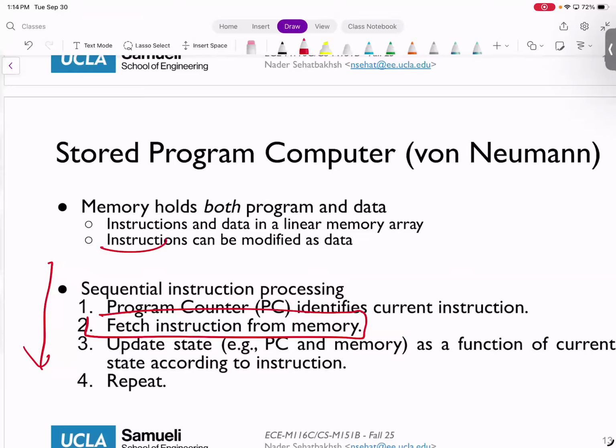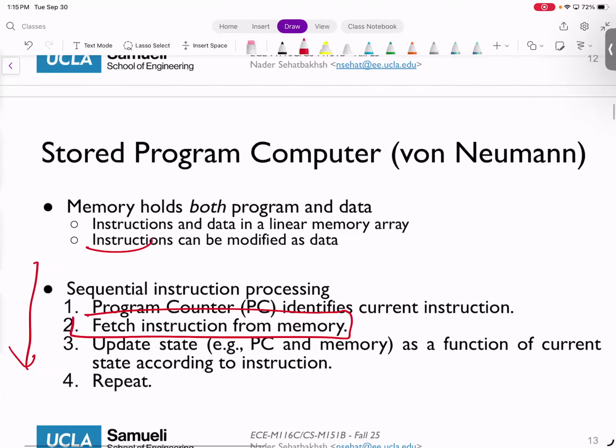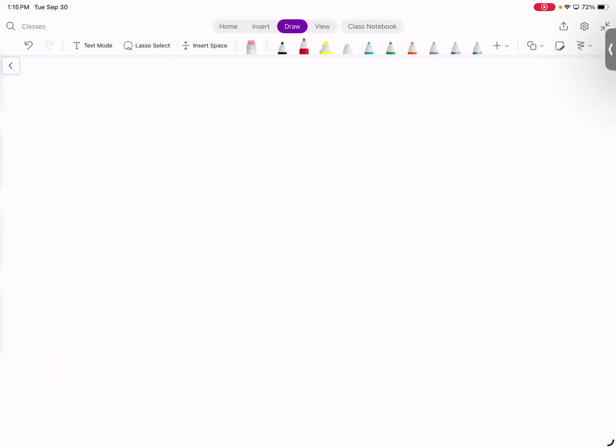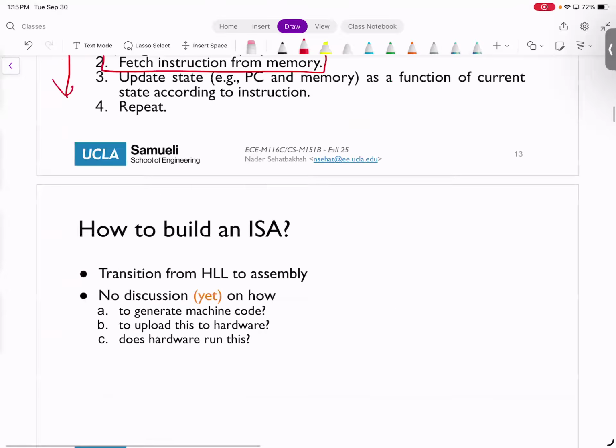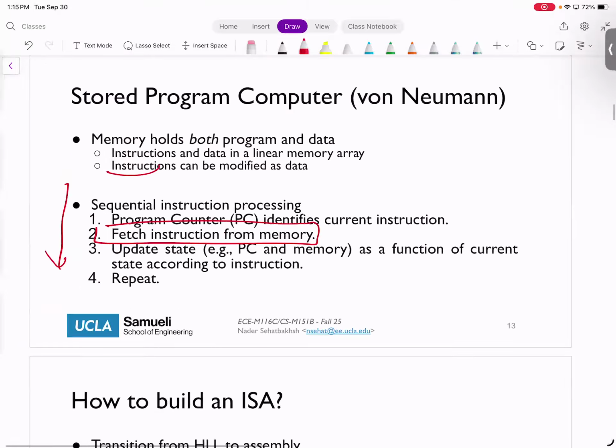The process of execution is mainly updating some different states. Depending on the type of instructions that we're going to talk about, these states might be different. So I need to store those states. And then I repeat this process. I go to the next instruction and repeat it over and over again. Okay? So this is what we follow in what we call a stored program order.